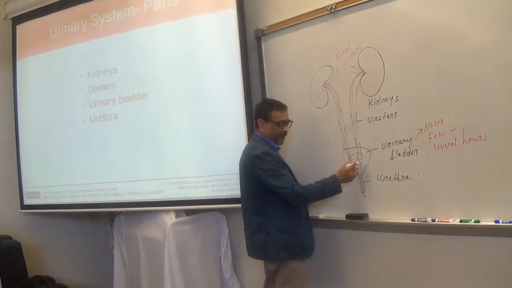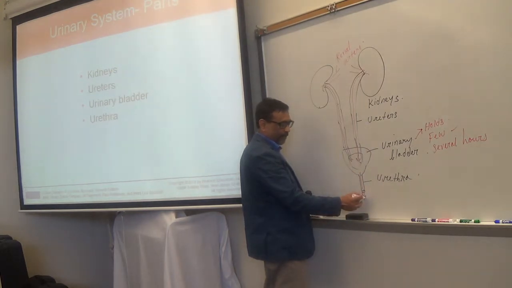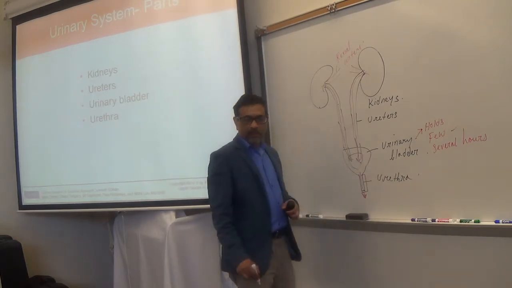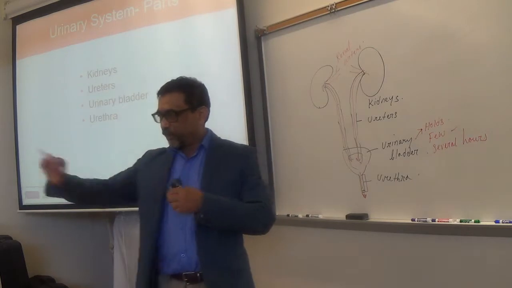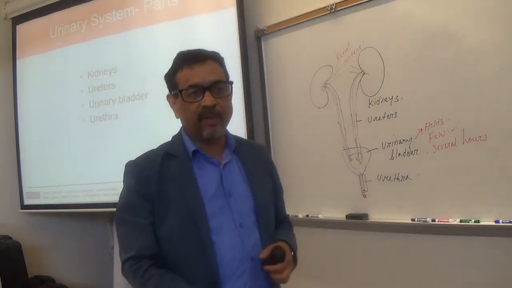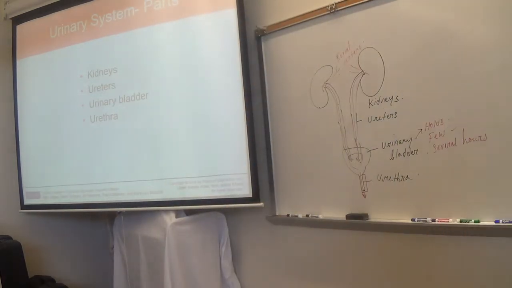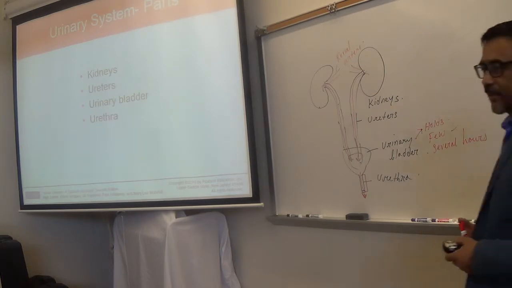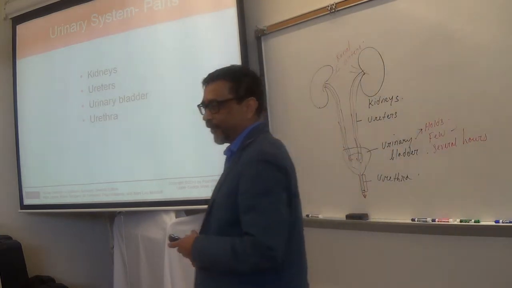So from the bladder, urine goes to the outside atmosphere through the urethra. So the urethra is the tube-like structure that takes the urine out from the bladder to the atmosphere. Make sense?